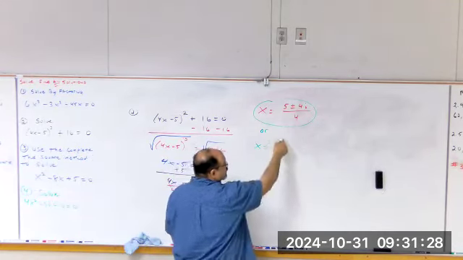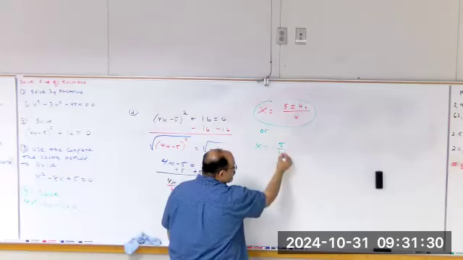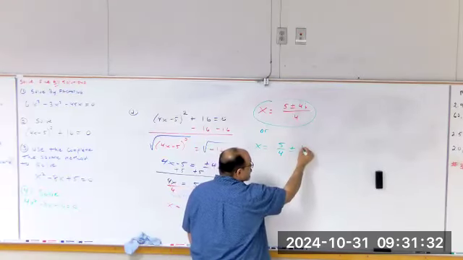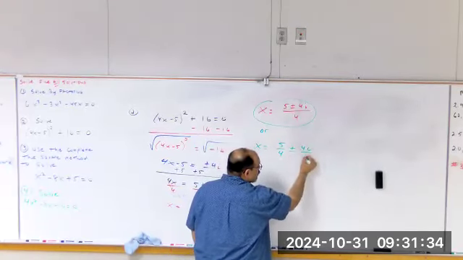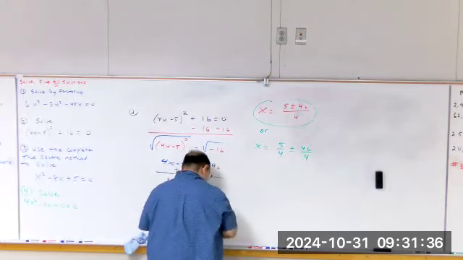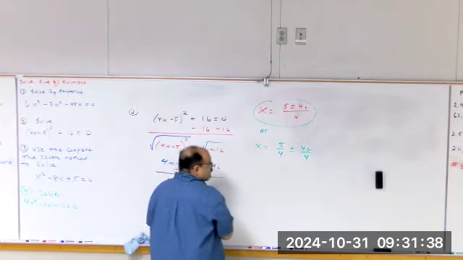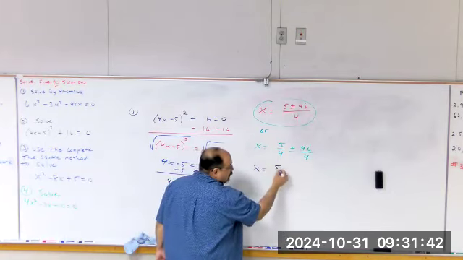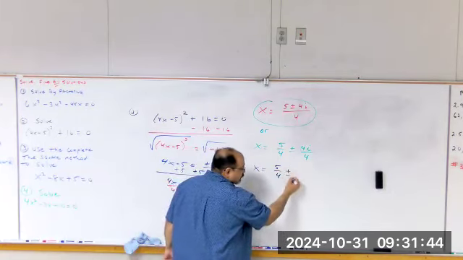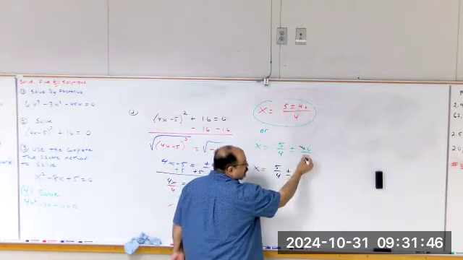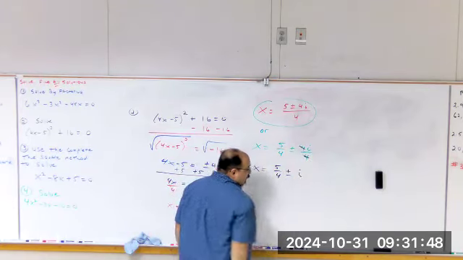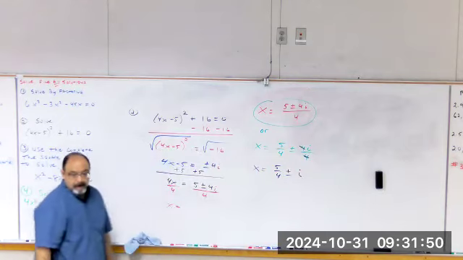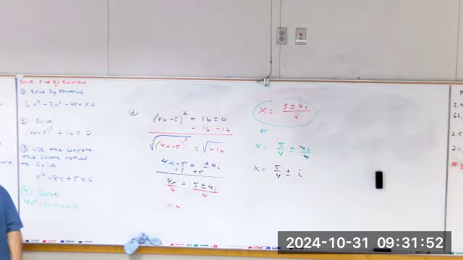x is equal to, if we split the fraction, 5 over 4, and then plus or minus 4i over 4. Now you can reduce individual fractions. 5 over 4 does not reduce, plus or minus 4 over 4 does, so it's just plus or minus i. That would be possible.